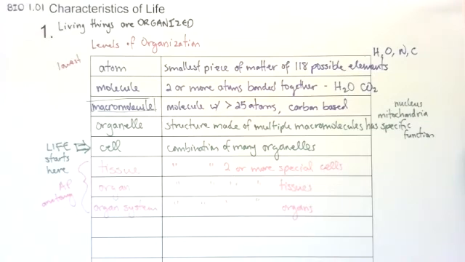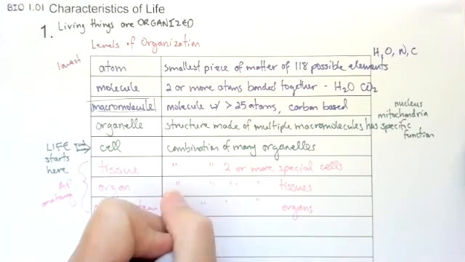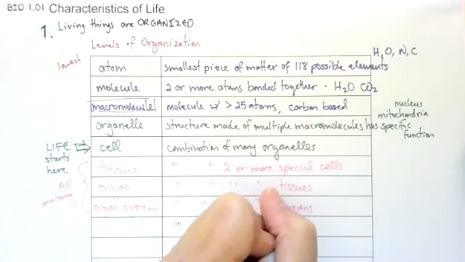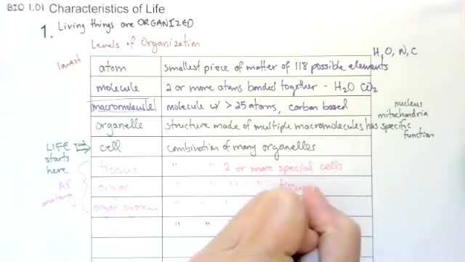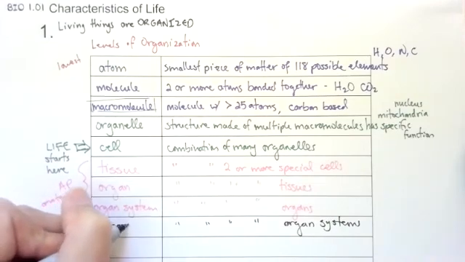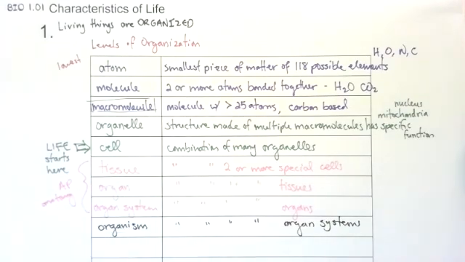If we put all of our combination of 2 or more organ systems together, we have an organism. So a living thing. Now, sometimes the organism is down here.